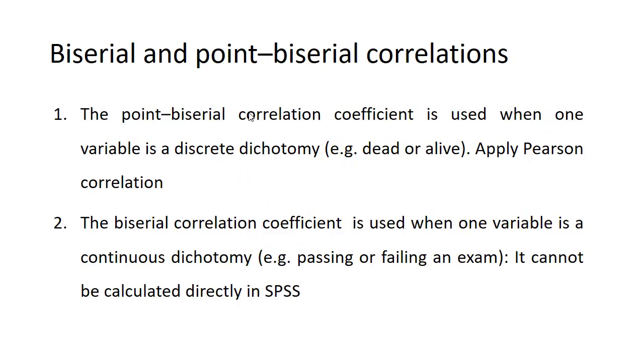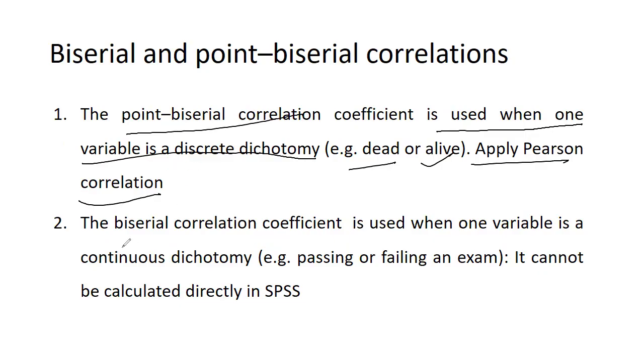The point biserial correlation coefficient is used when one variable is a discrete dichotomy, meaning dead or alive, categorical. The biserial correlation coefficient is used when one variable is a continuous dichotomy, like passing or failing an exam.